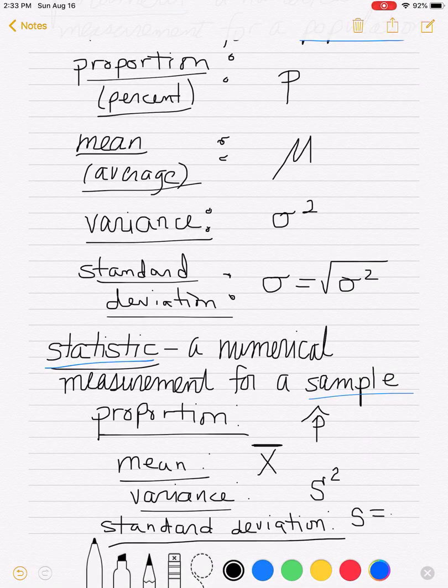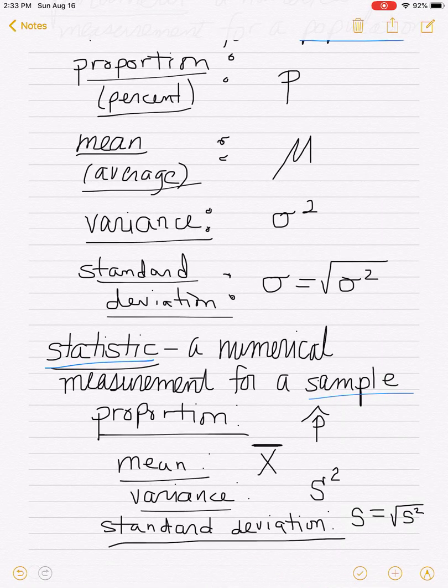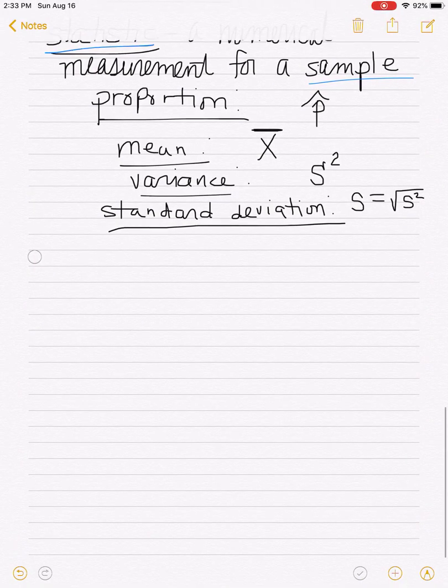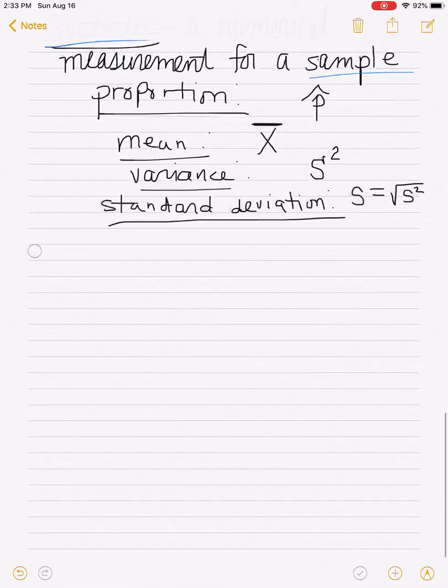It's the square root of the sample variance, s squared. All right, so be aware of those differences in notation. Population parameters have certain letters, and sample statistics have certain letters that are different than the population parameter letters.